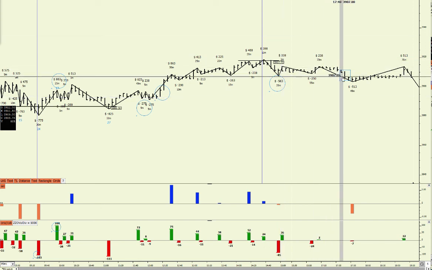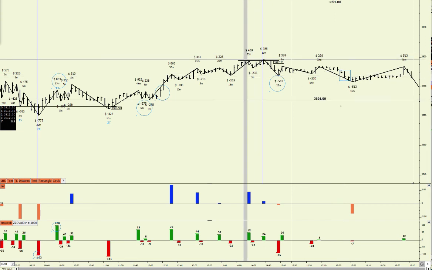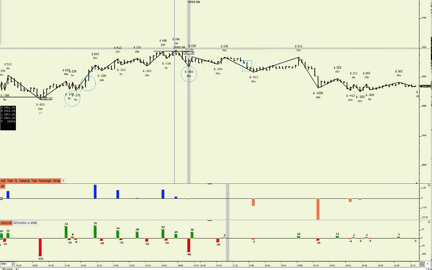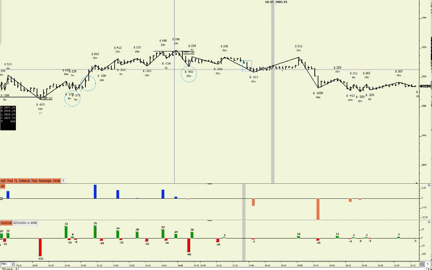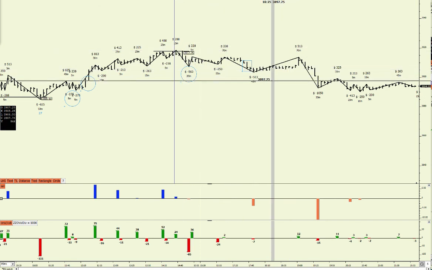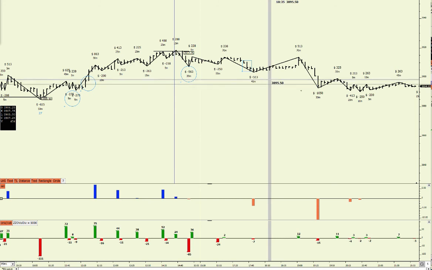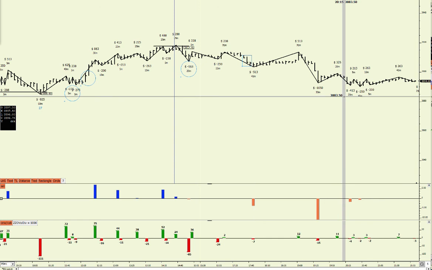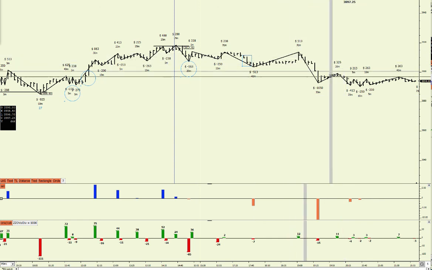And it goes down. It continues to go down. Anyway, so this is the markdown phase of trend.